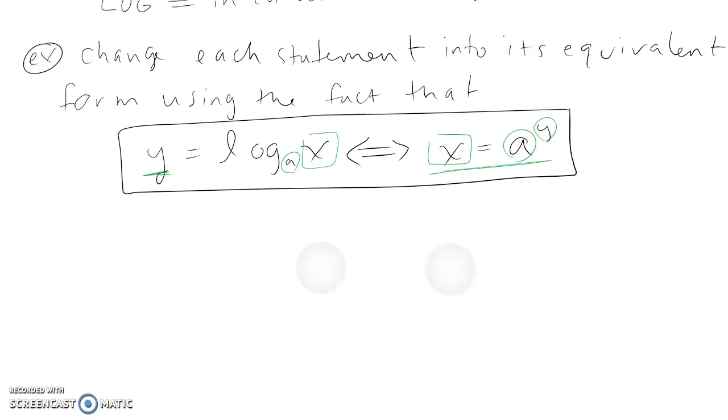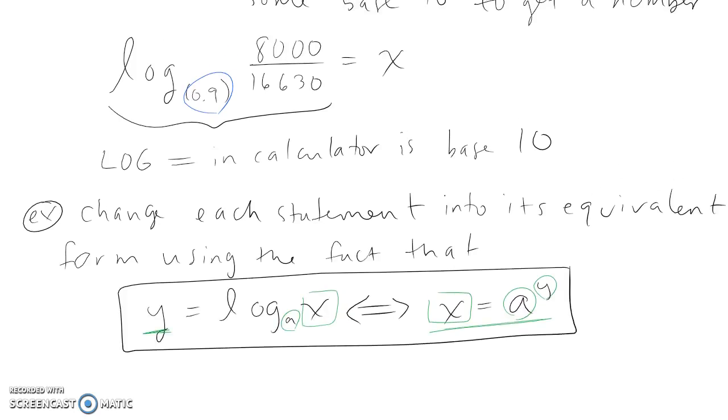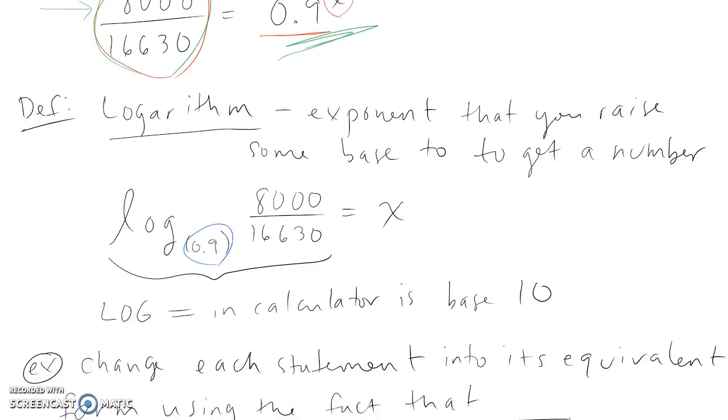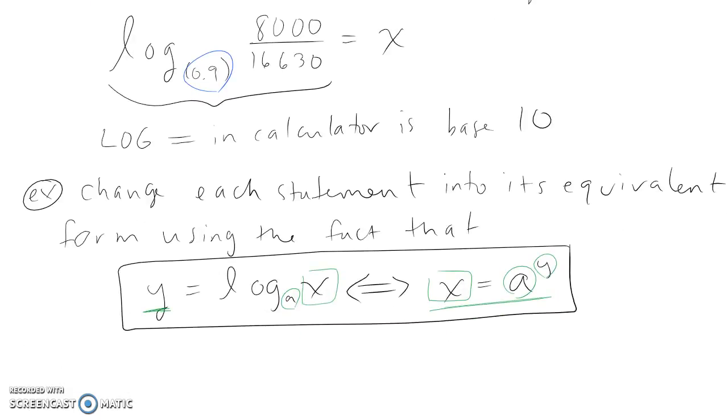I'm going to back up a little bit. Notice that we originally had this equation right here: 8,000 over 16,630 is equal to 0.9 to the x. So we have some kind of number equaling a base to an exponent. And then we transformed it to the log of that base of the number equaling the exponent.